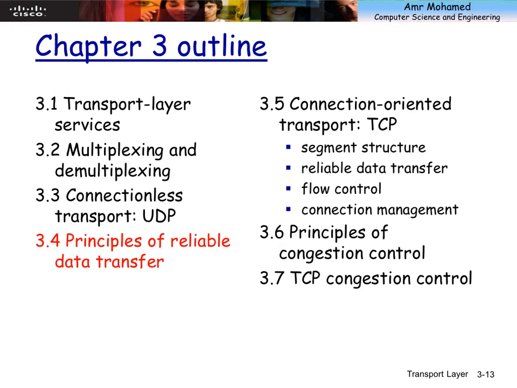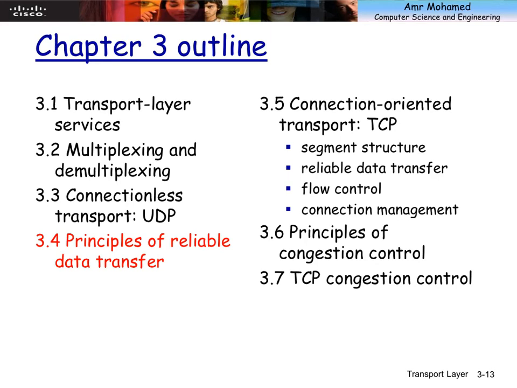So multiplexing and demultiplexing are the basic fundamental functions that have to be provided by all types of protocols. And whether we're talking about connectionless or connection-oriented is when the other functions, which we will talk about now, will be valid or not.